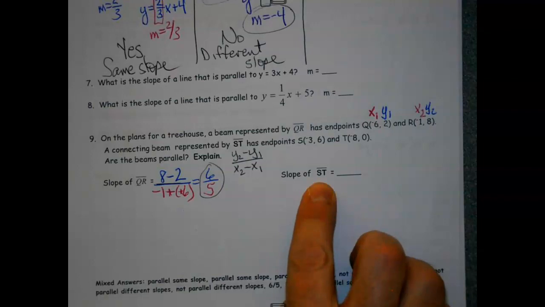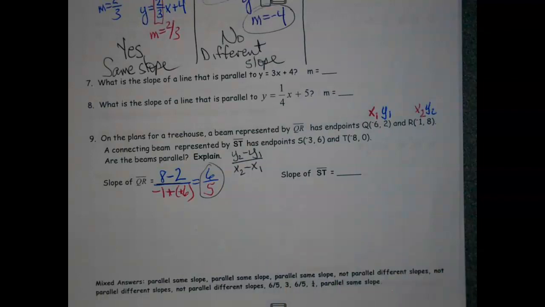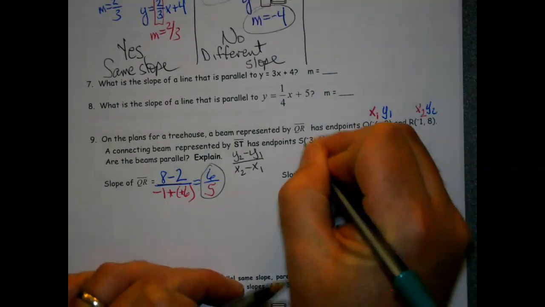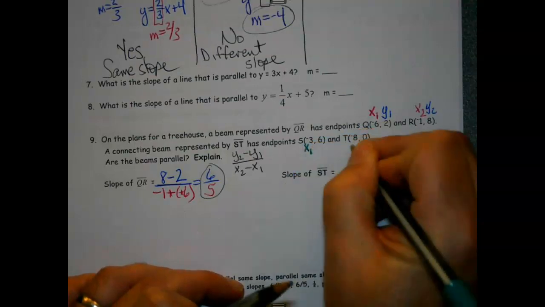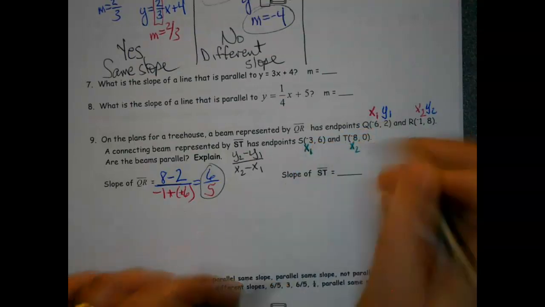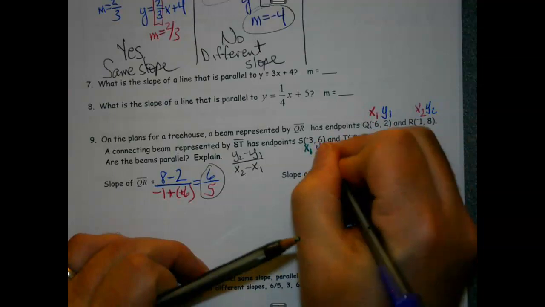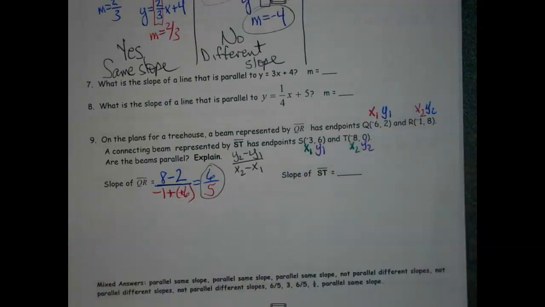So now I'm going to test this out. And I'm going to do the same thing. I'm going to label my x1 and my x2, my y1 and my y2.